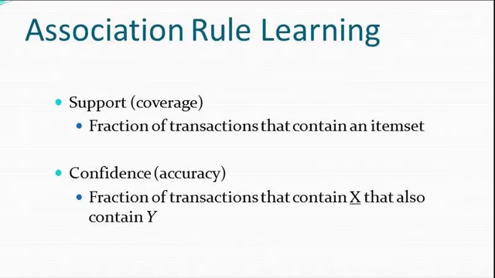There are two words you have to understand to understand the association rule. The one concept is called support. Support is the fraction of transactions that contain the item set. Now we are talking about subsets.